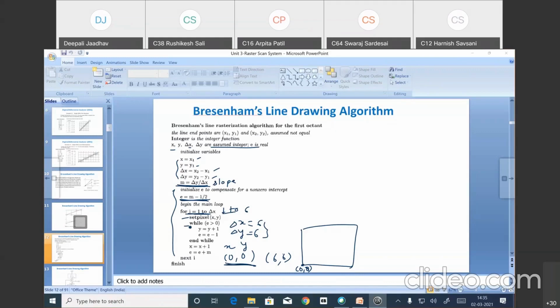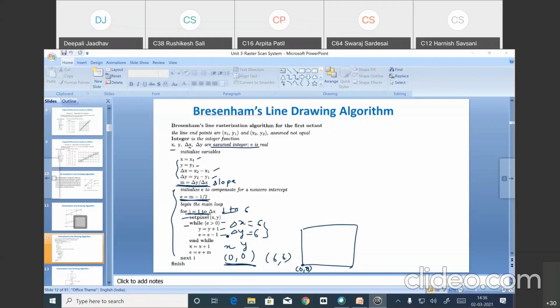If the error is negative, only x is increased, y remains as it is. So for that purpose, while E is greater than 0, meaning the error is positive, increase the value of y by 1, and E is equal to E minus 1. Again, this initializes it to the next error term.